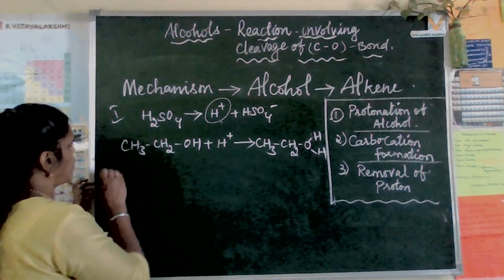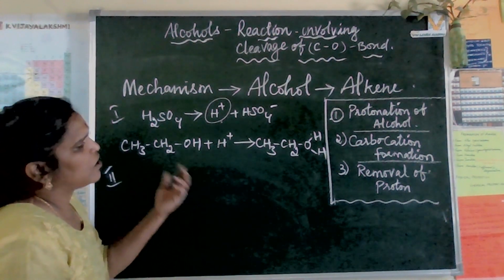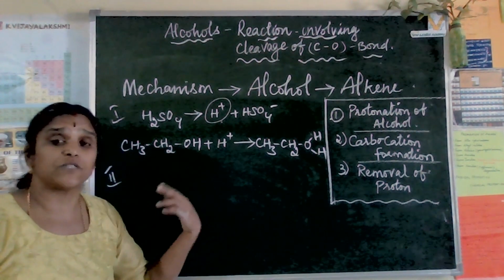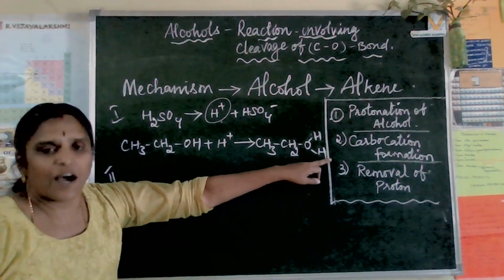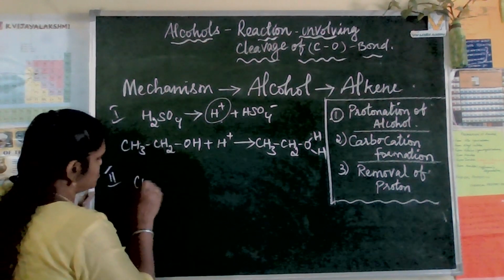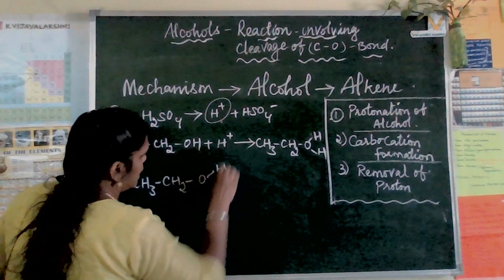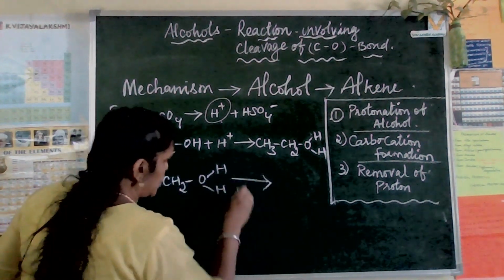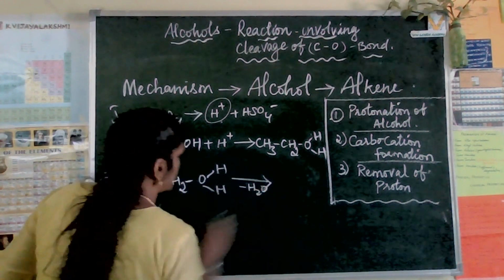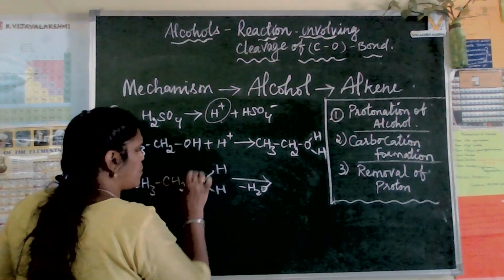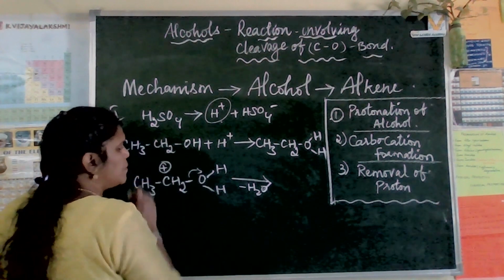Now the second step. The protonated alcohol loses a water molecule and forms a carbocation. CH3 CH2 O with hydrogens loses a water molecule, so here you will get a positive charge.